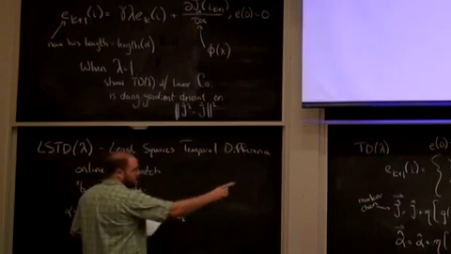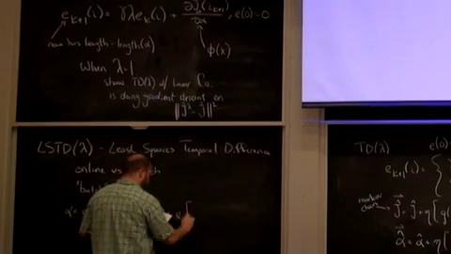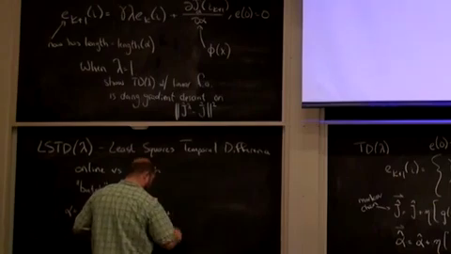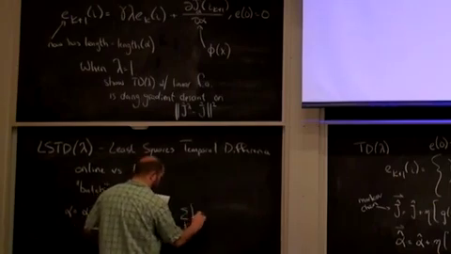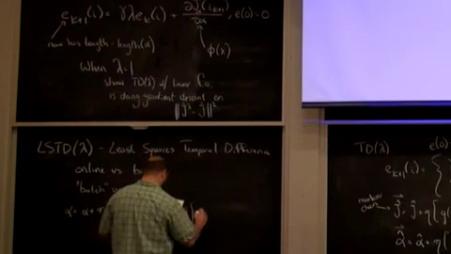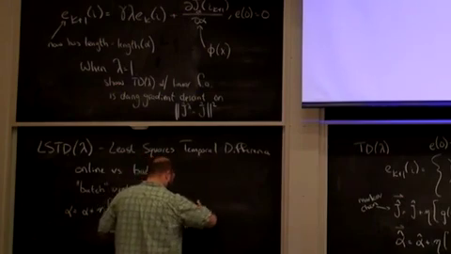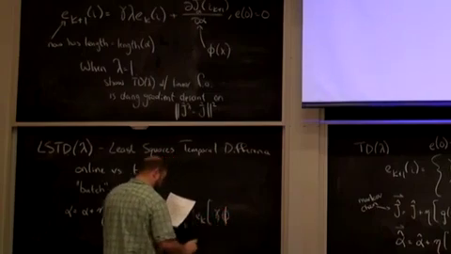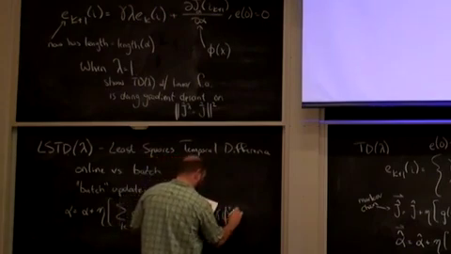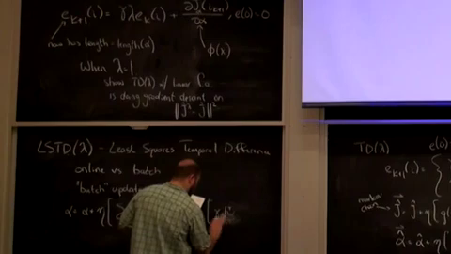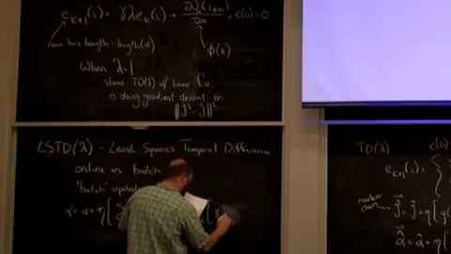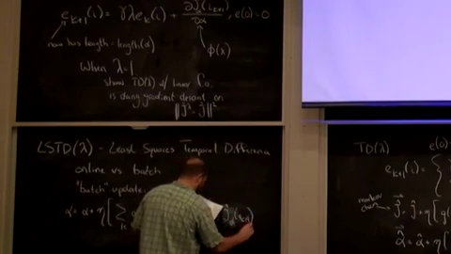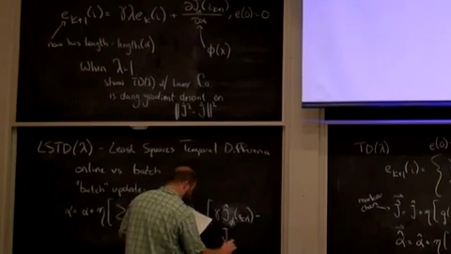That's a scalar times a vector, so I can reorder it without any pain. Right, at the intermediate step here: J alpha of x_{k+1} minus J alpha of x_k.